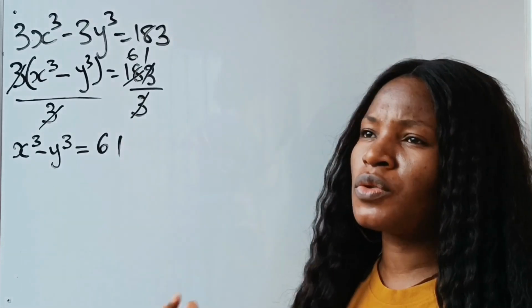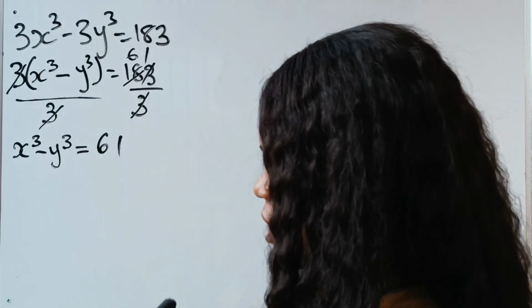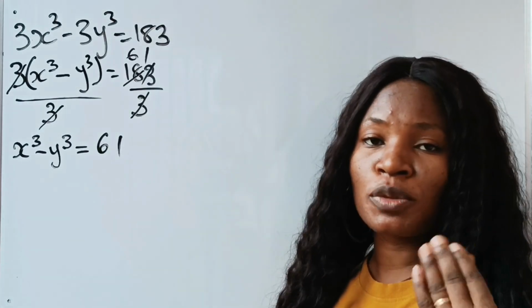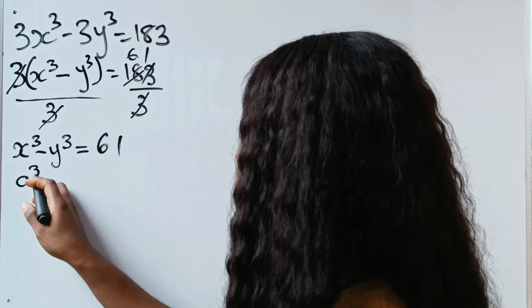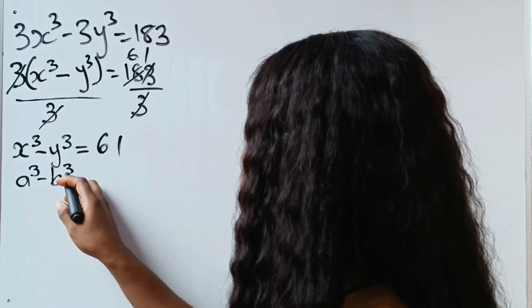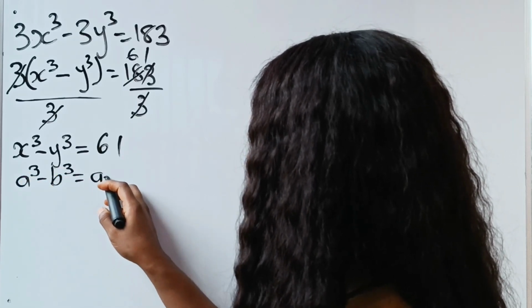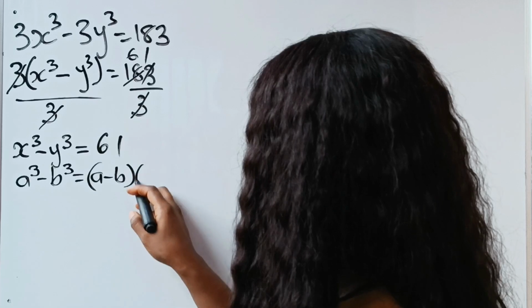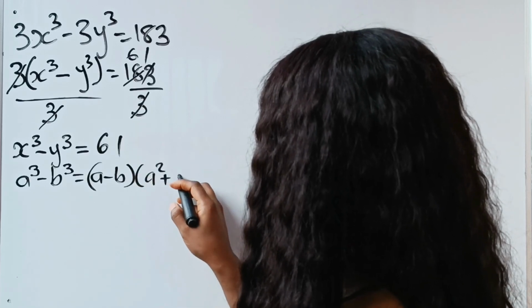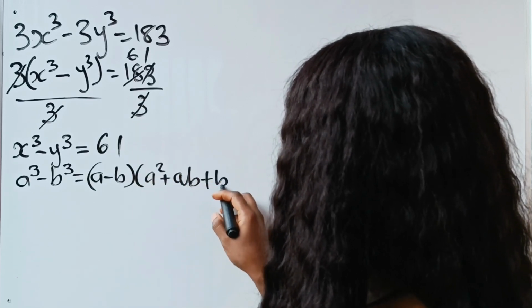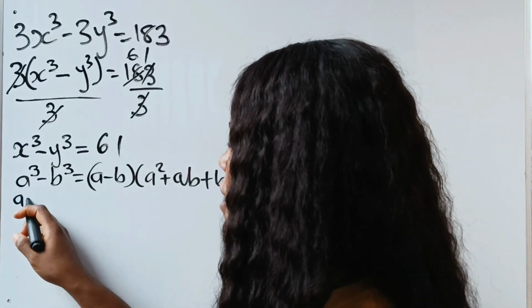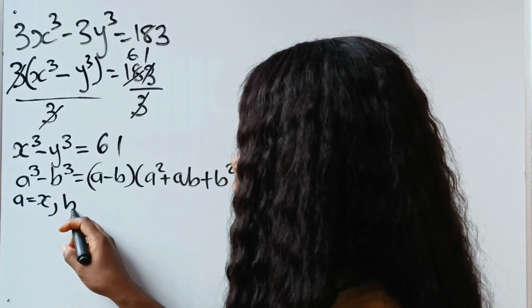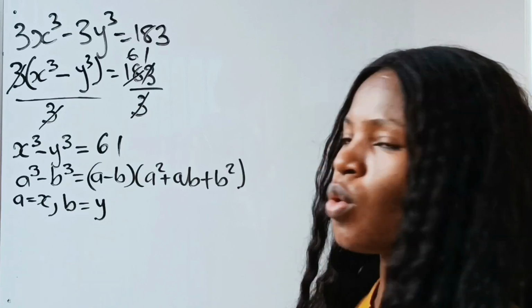But I want us to recall the law of exponents, or an algebra identity, that states that a to the power of 3 minus b to the power of 3 is equal to a minus b multiplied by a squared plus ab plus b squared. In this case our a is equal to x and our b is equal to y.